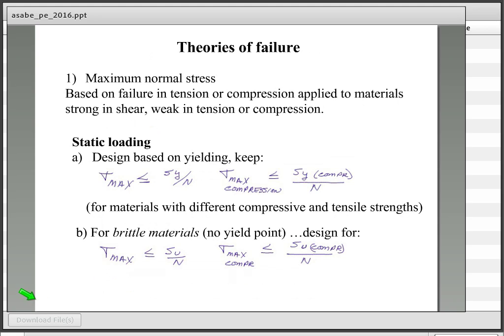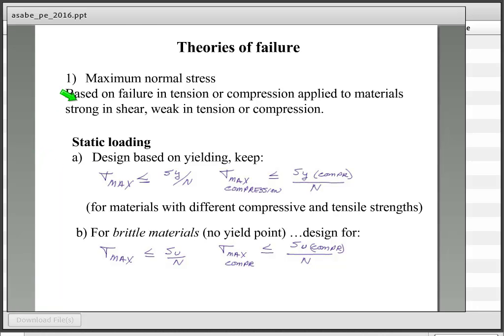and that would take us into what kind of theory of failure we want to apply. For ductile materials, we would generally be using what would be called the maximum shear stress theory of failure.